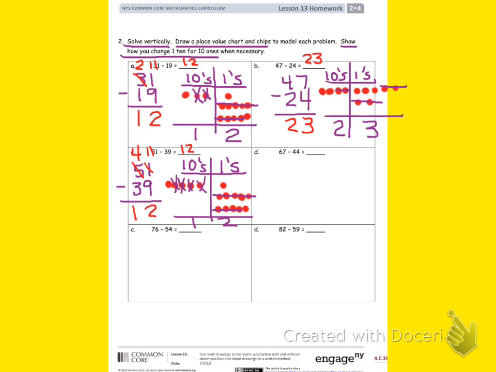Draw your place value chart and chips second. If you need to regroup or decompose, you do that. If you don't, you don't do it. Make sure that you always start at the top in the ones place when deciding whether or not you need to regroup or decompose.